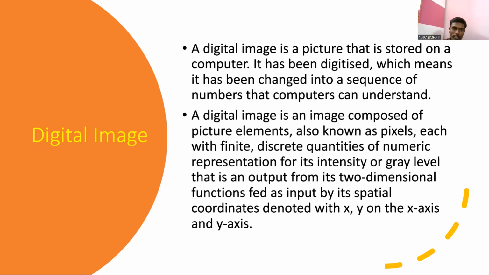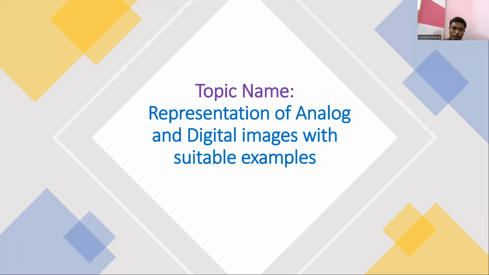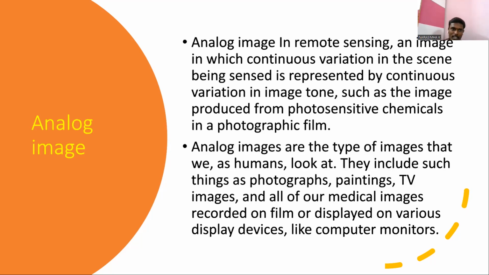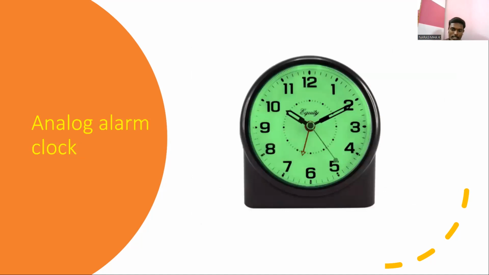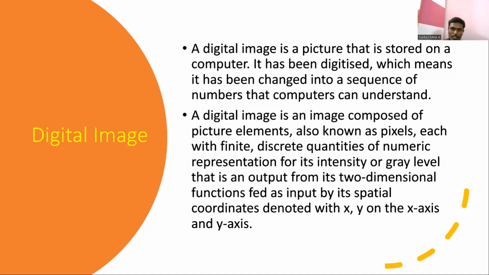From the beginning, let us have a little recap. The topic is representation of analog and digital images with suitable examples. Analog image examples are things like photographs, paintings, TV images, medical images recorded on film, etc. And a digital image, as I said before, is composed of picture elements called pixels. Because of these pixels only, enlargement, zooming in or zooming out, all happen through pixel management.